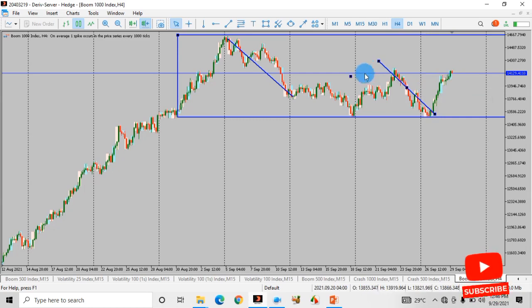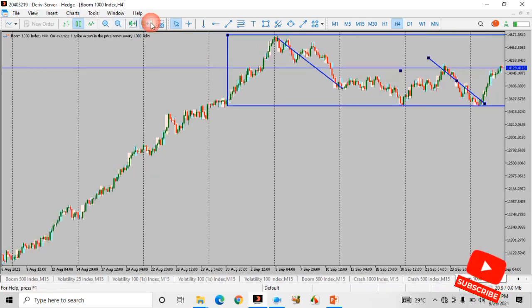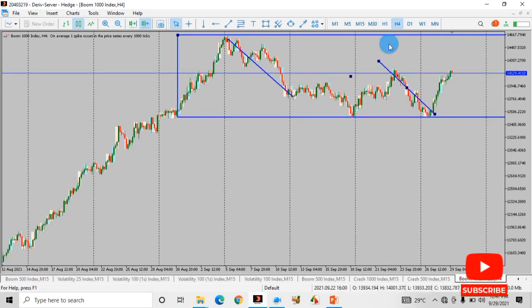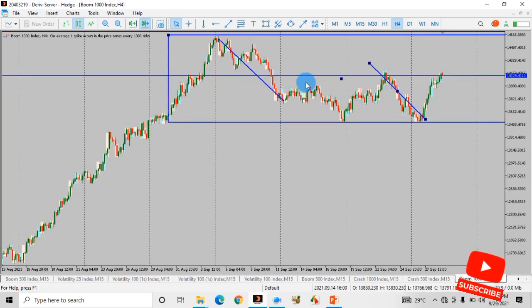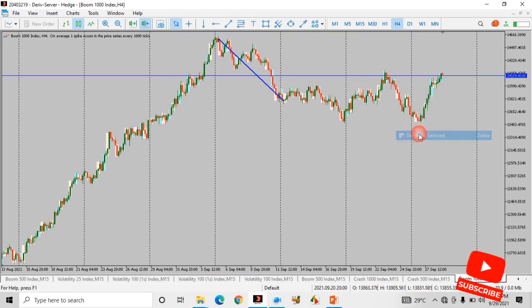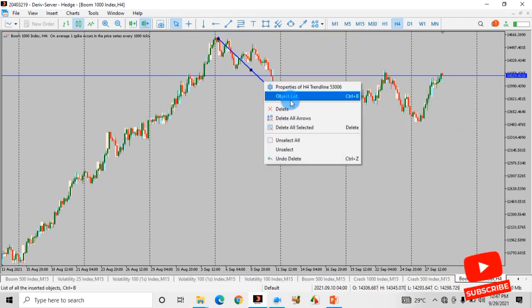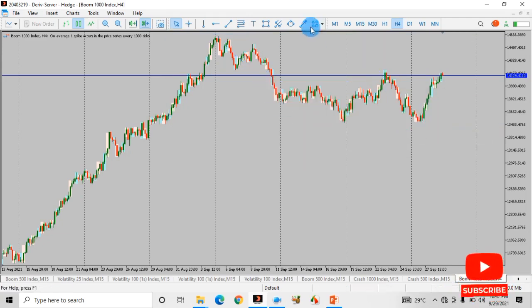So if you look at this now, you will know that this level is not complete, as in, they've not completed this 4-hour level. You understand? So we are expecting, let me use a rectangle so that you can get what I'm saying. You understand what I'm saying?